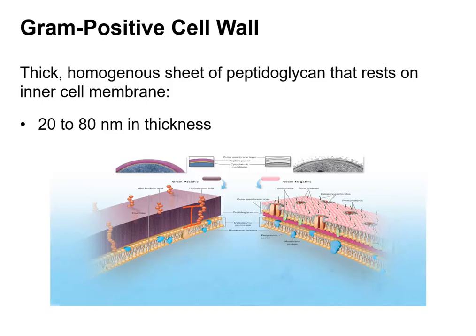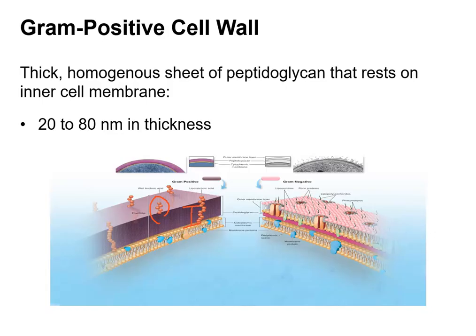We see that it also has this teichoic acid that's part of the cell wall construction. This helps to stabilize the cell wall and also helps it to maintain its shape, but it can also help it in some cases to bind to other cells. So if it's going to bind to a host cell, let's say, it can use that teichoic acid to help with that.